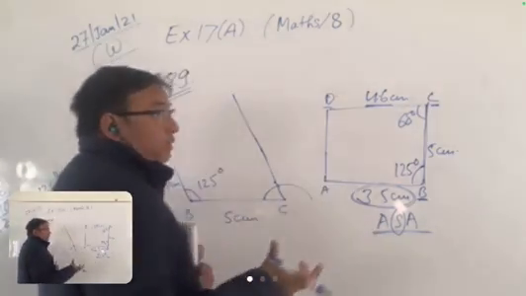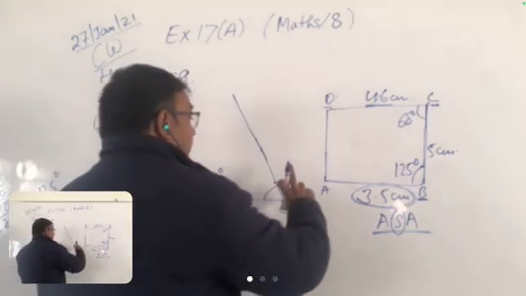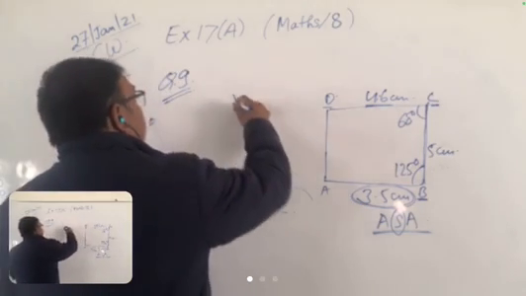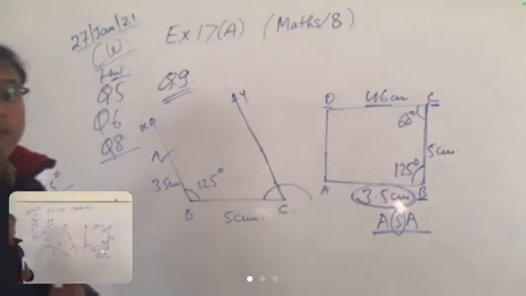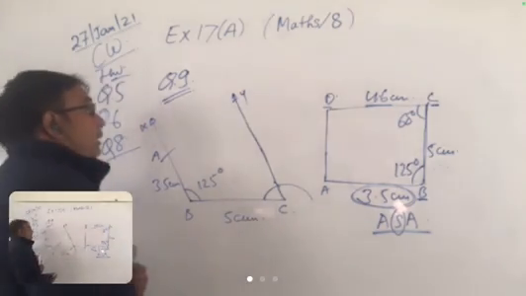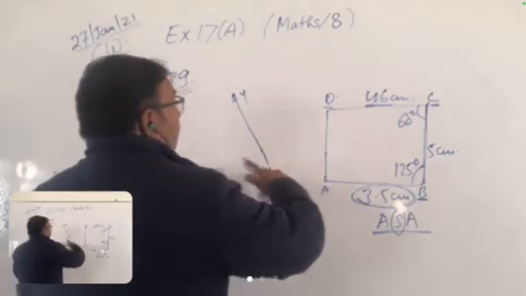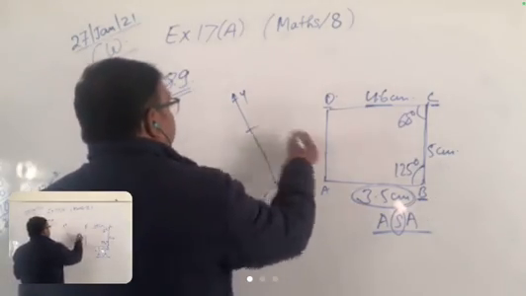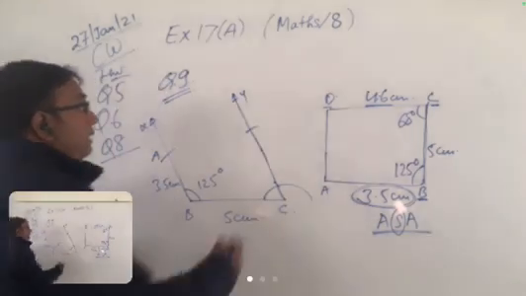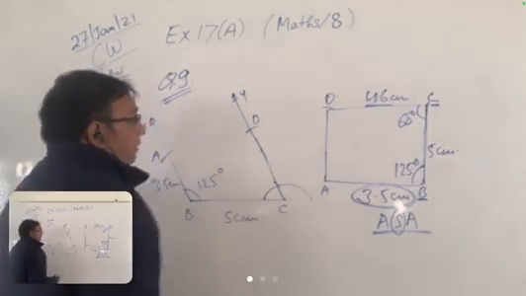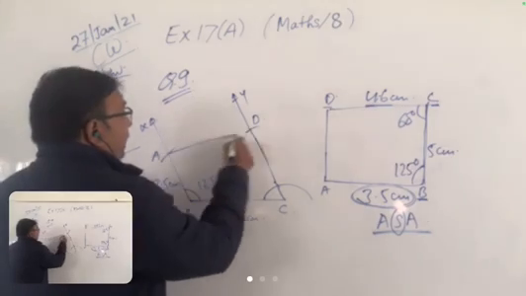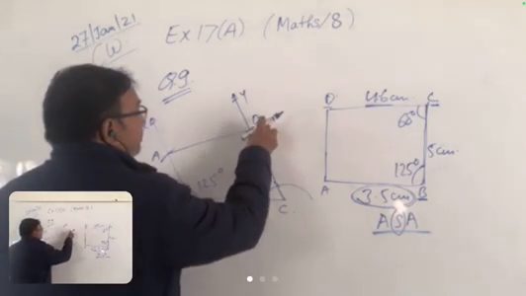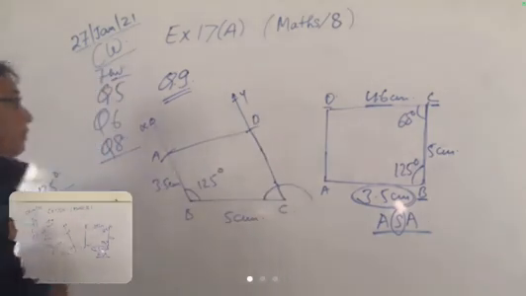First take a radius of 4.6 centimeter, put the compass at C and cut the ray CY. Put your compass at C and cut at 4.6. And this is D. And now join A and D.